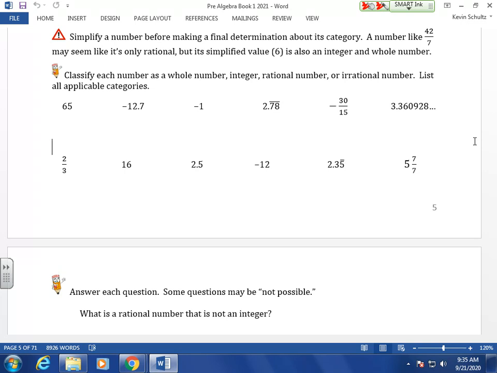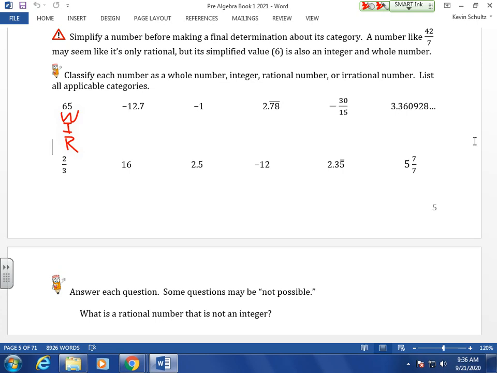Yes. Positive non-decimal. Because it is a whole number, we automatically know it is also what? An integer. And also what? Rational. Right? Every whole number is also an integer and also rational. 65 fits all three of those categories.